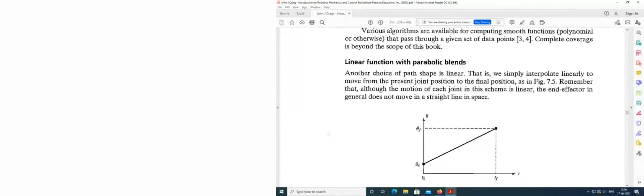Okay, but how can I achieve that advantage but with the linear function? For that, in some region we'll use a linear function, but in certain regions, say at the beginning and at the end, we will use a parabola.